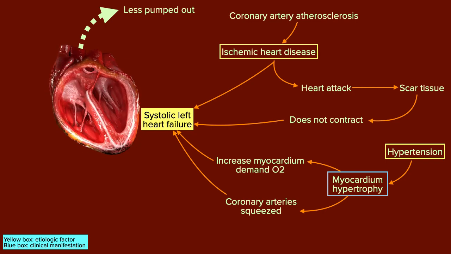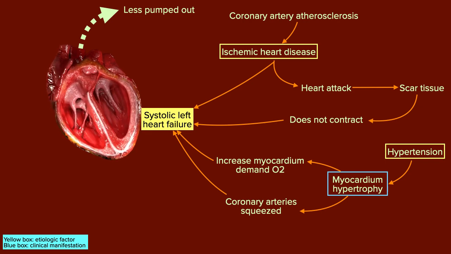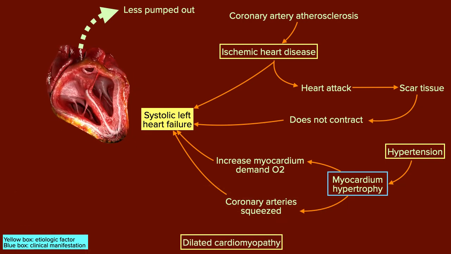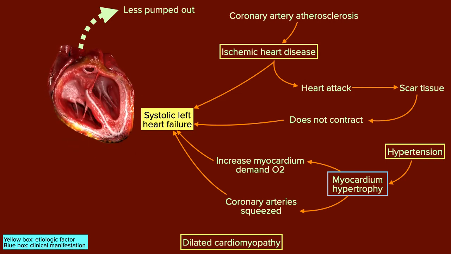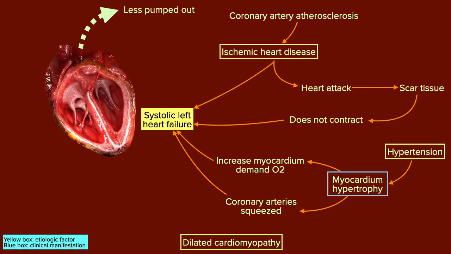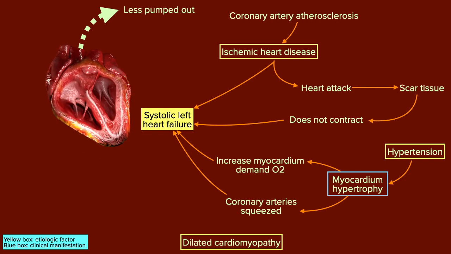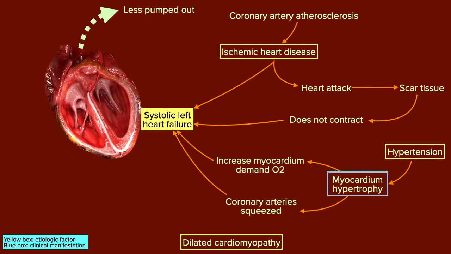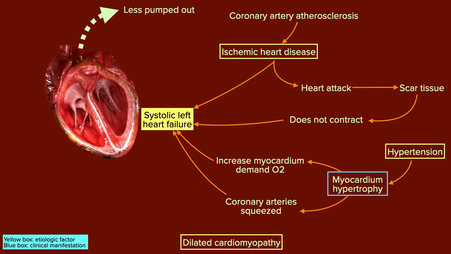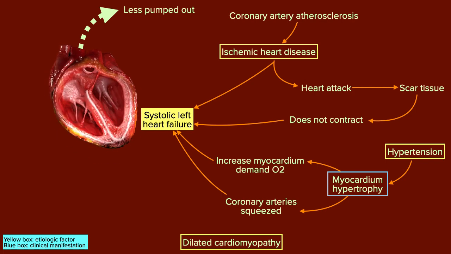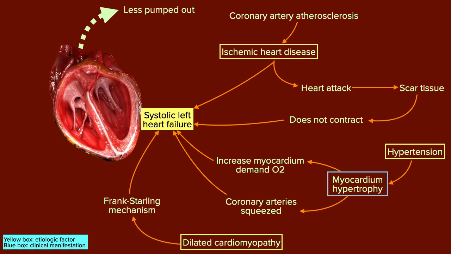Another potential cause would be dilated cardiomyopathy, where the heart chamber dilates or grows in size in an attempt to fill up the ventricle with larger and larger volumes of blood, and stretches out the muscle walls to increase contraction strength via the Frank-Starling mechanism.